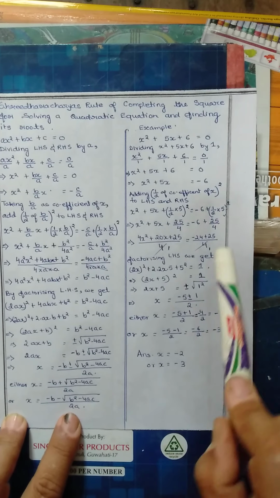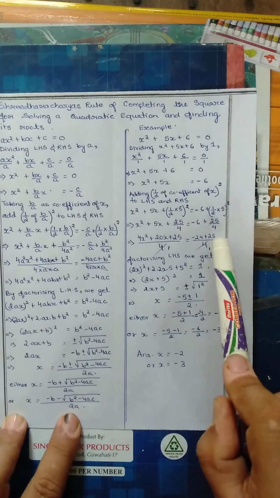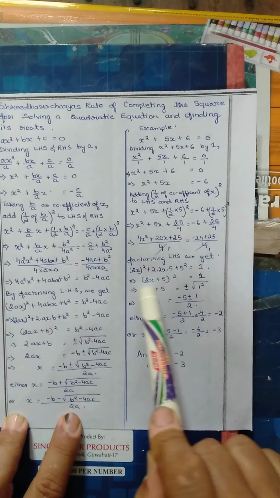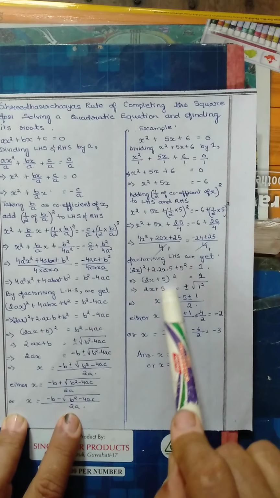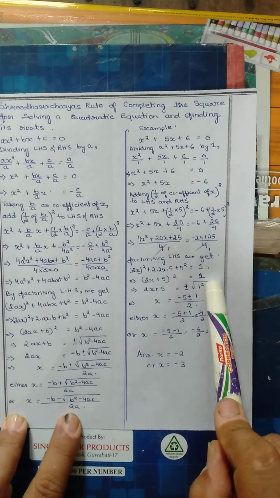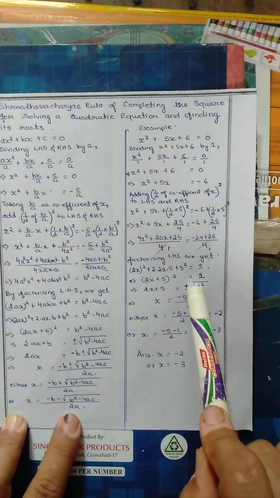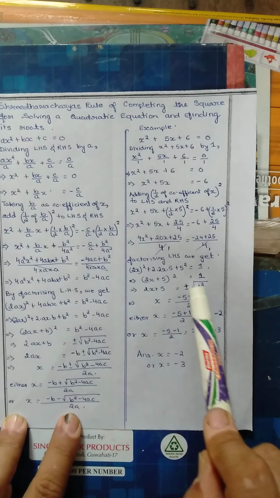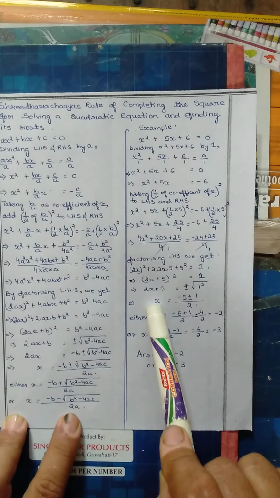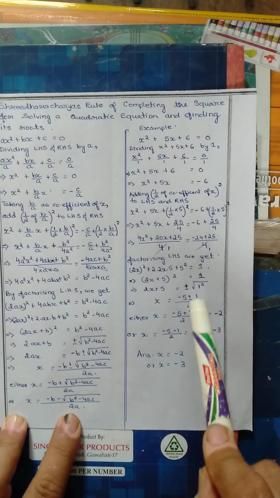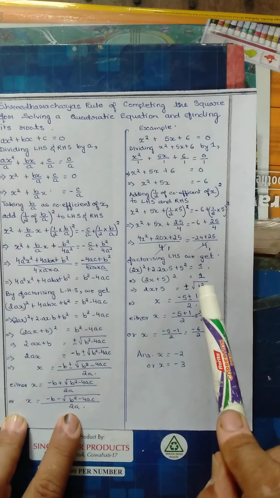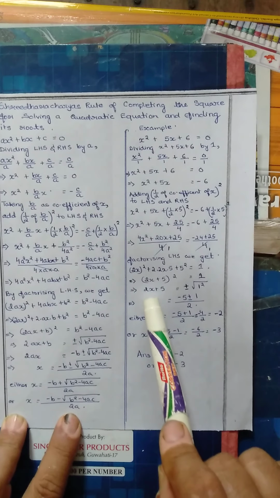And here you see minus 24 plus 25 is equal to 1. So now you have (2x + 5) whole thing square is equal to 1. You remove the square, then ultimately this becomes a plus minus the square root of 1.